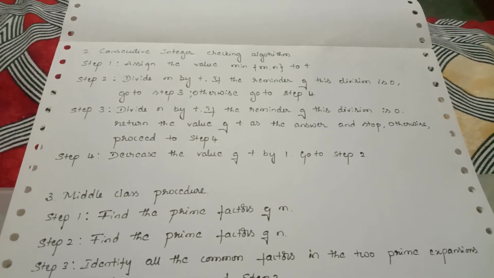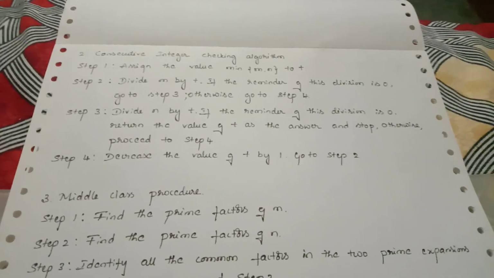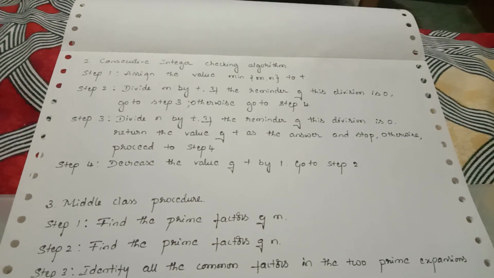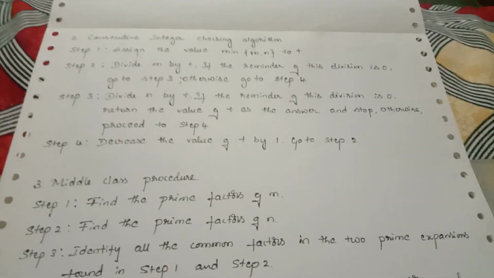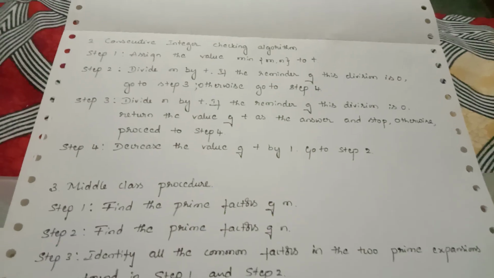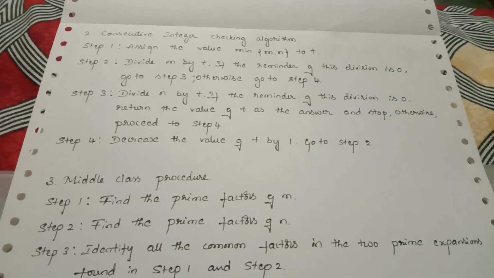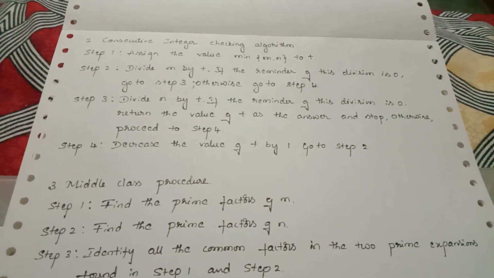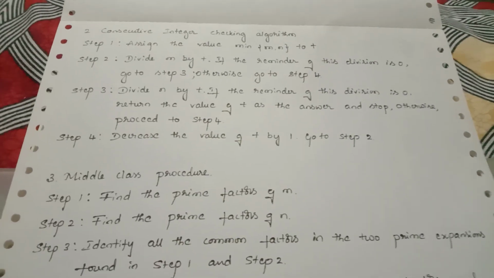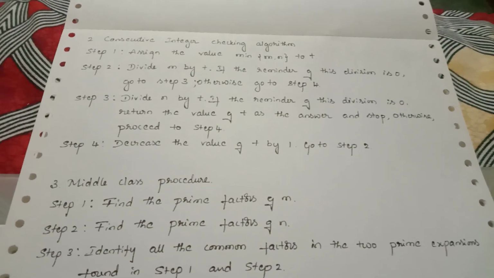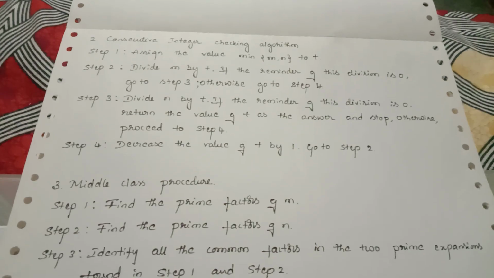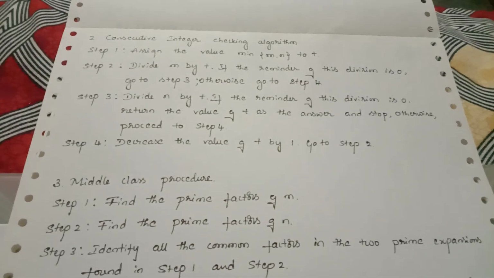Finally, when we get t equal to 12, 60 is divided by 12 completely, as well as 24 is divided by 12 completely, so we get that as the answer for the GCD of two numbers by the consecutive integer checking algorithm. So what this example indicates is that for the same problem we can have two different algorithms based on completely different ideas.